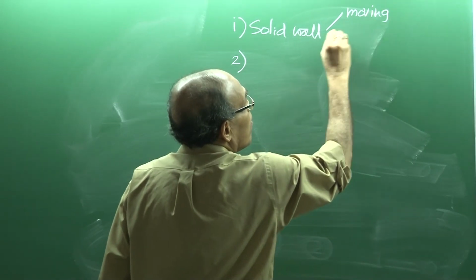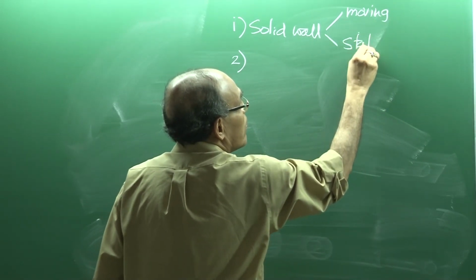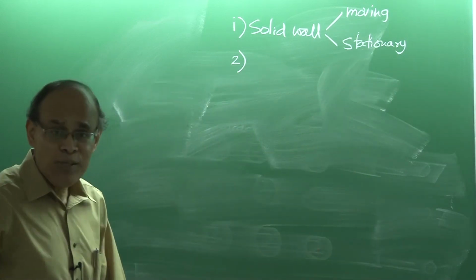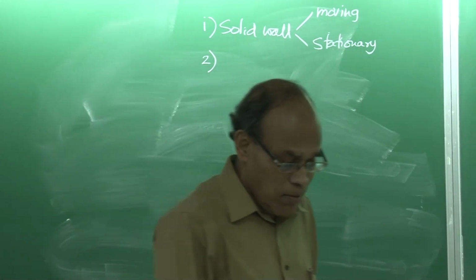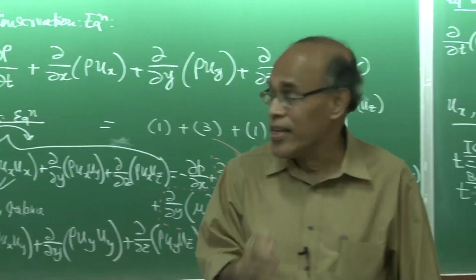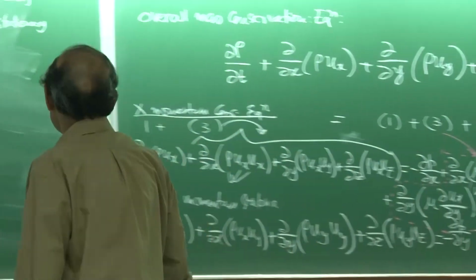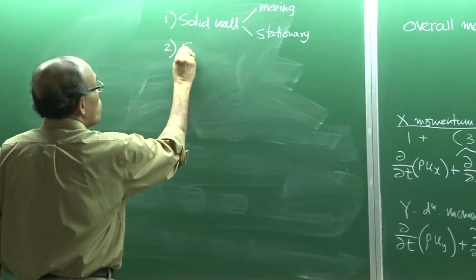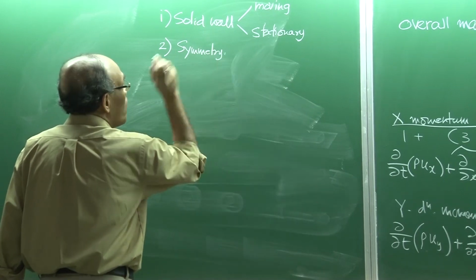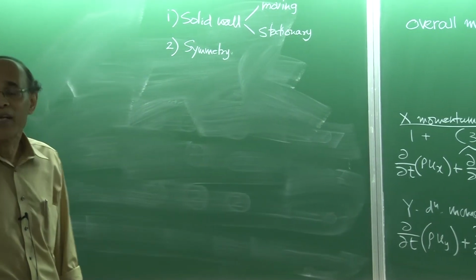That is what two types of solid wall we have seen. I have also explained in the context of discussing symmetry that symmetry could be another type of boundary.